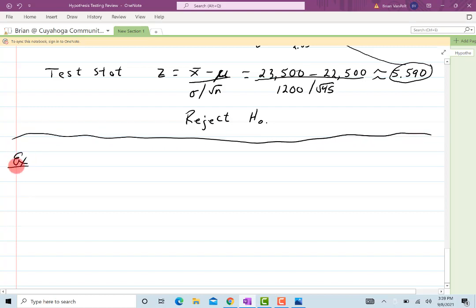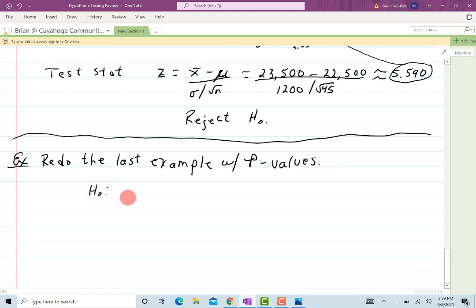I want to redo the last example again, but this time, of course, use p-values. So let me get the relevant information down. We had H sub 0: mu less than or equal to 22,500. If you remember, that was the claim.